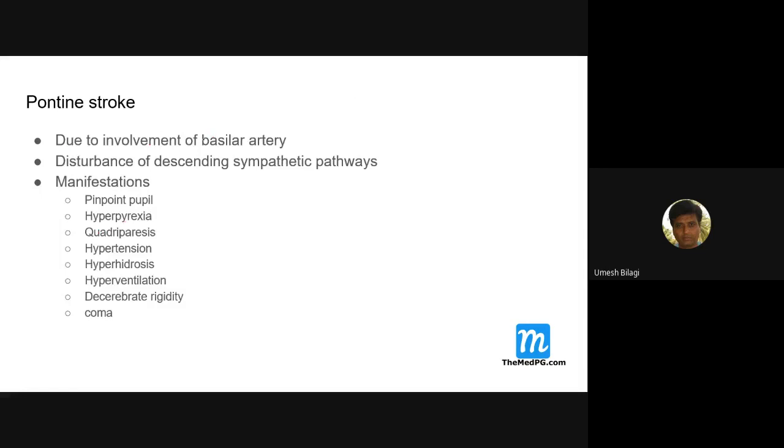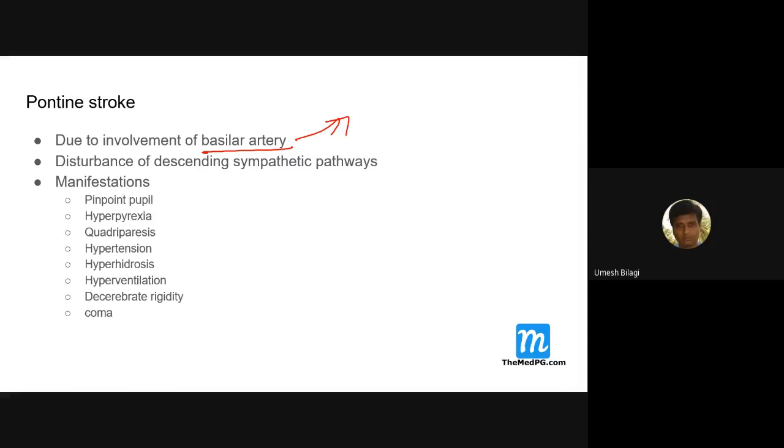Due to involvement of the basilar artery, the pontine stroke can happen. The basilar artery lies on the below surface of the pons only, and supplies the pons. Basilar artery is formed by a combination of which arteries? Vertebral.